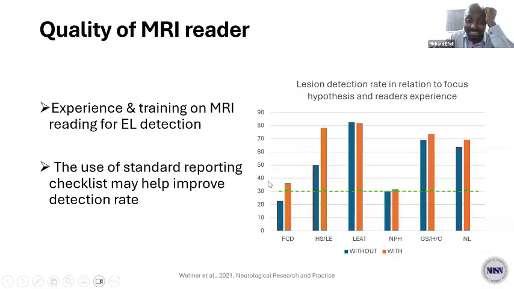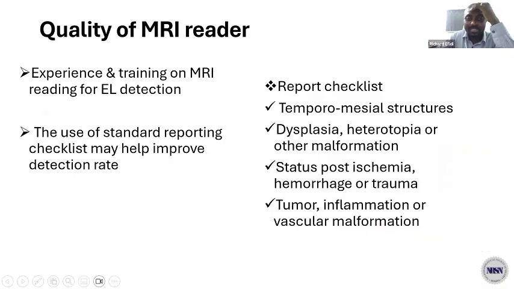It was found that when given a spectrum of causes of focal epileptogenic lesions, the detection rate for focal cortical dysplasia and nodular periventricular heterotopia is poor among the general reporting radiologists compared to these other lesions.